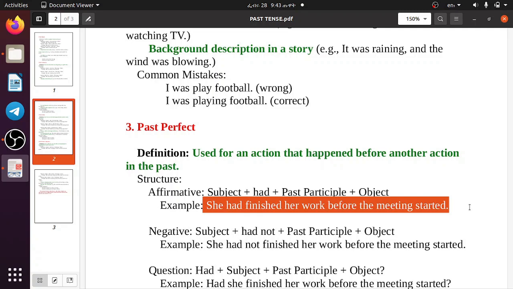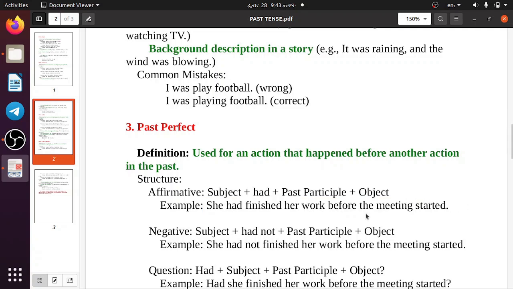In this example, two actions happened. First, she had finished her work. Then the meeting started. So one action happened before another action in the past.